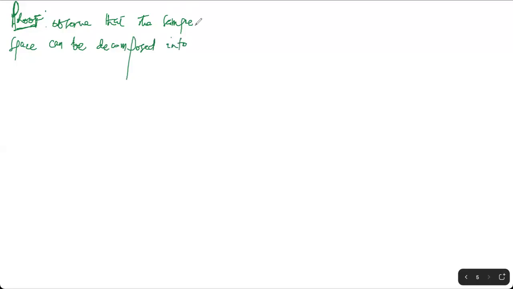Right. So of course, observe that the sample space can be decomposed into mutually exclusive events A and A prime.